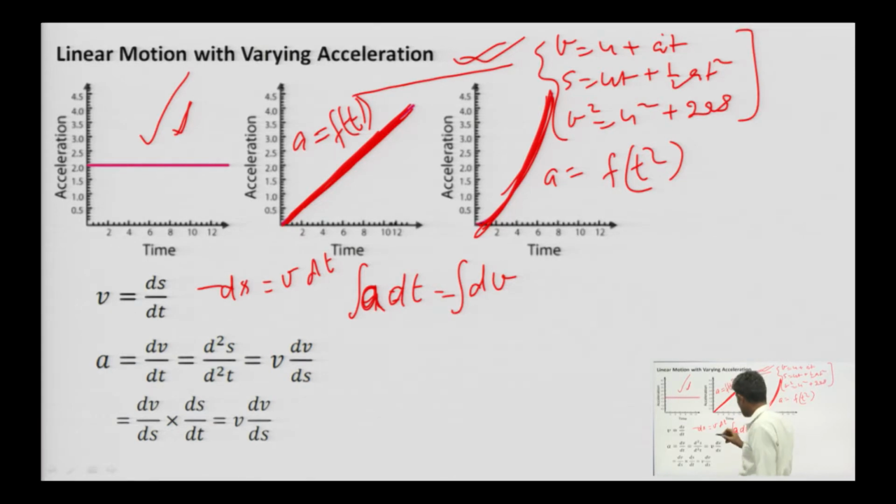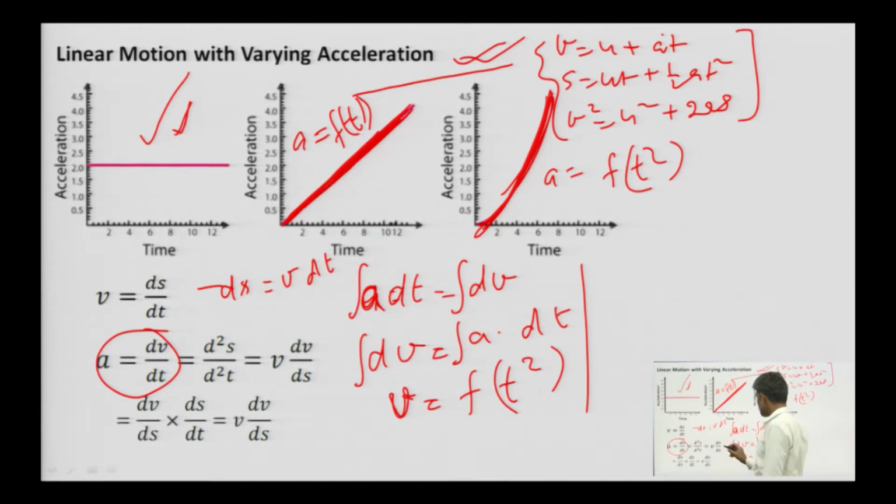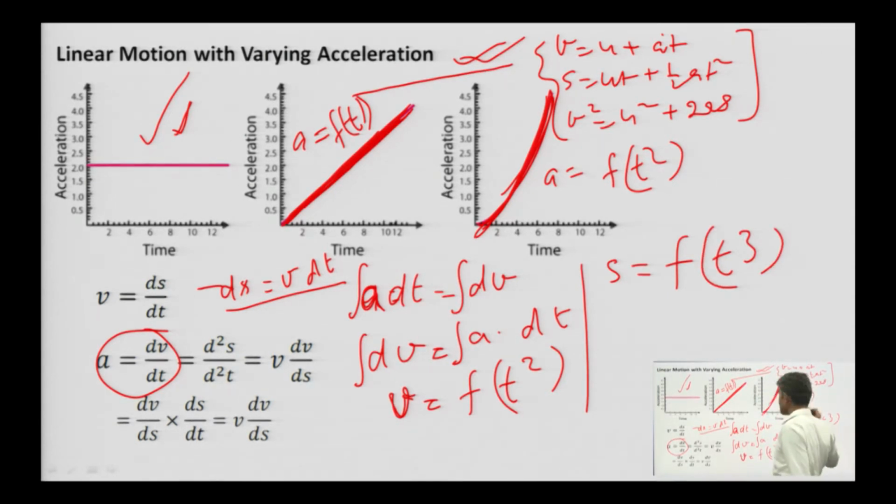So here dv is equal to a into dt. If we integrate, then velocity v will be a polynomial of order 2. Similarly, since ds is equal to v into dt, s will be a polynomial of order 3 in terms of time.